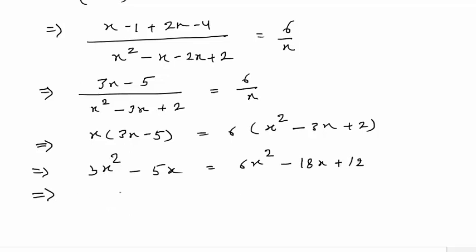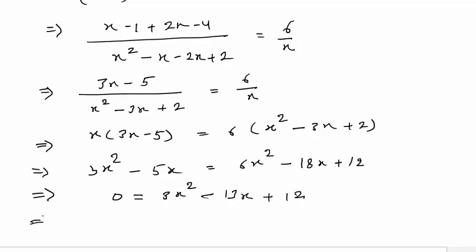So I will move all these terms on that side. So I have 0 equal to 6x square minus 3x square will give me 3x square minus 18x plus 5x gives me minus 13x and plus 12.